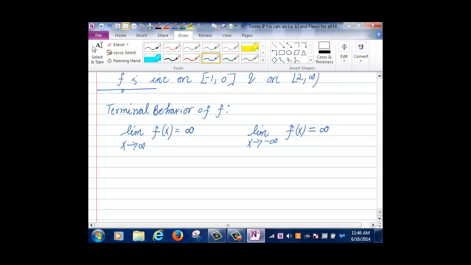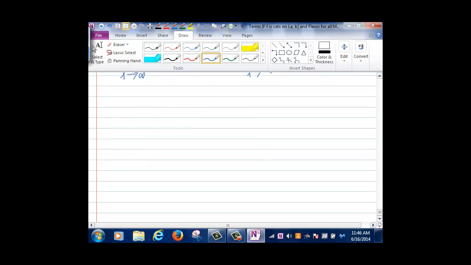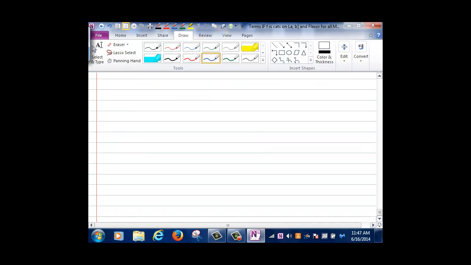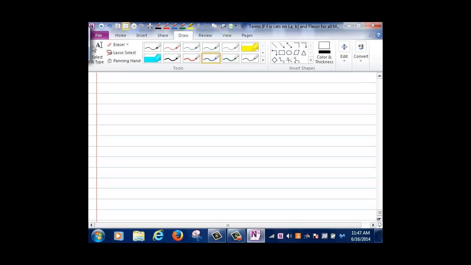So let's see how this information can help me sketch the graph of this function. And let me be a little bit careful. At -1 I have to get 0, and at 2 I have to get -27. Okay. I might not be precise with the scaling here.